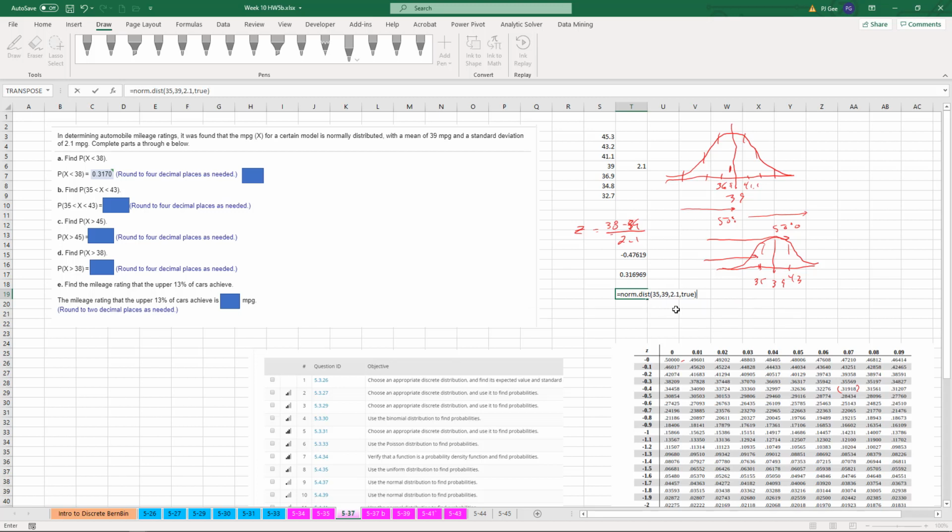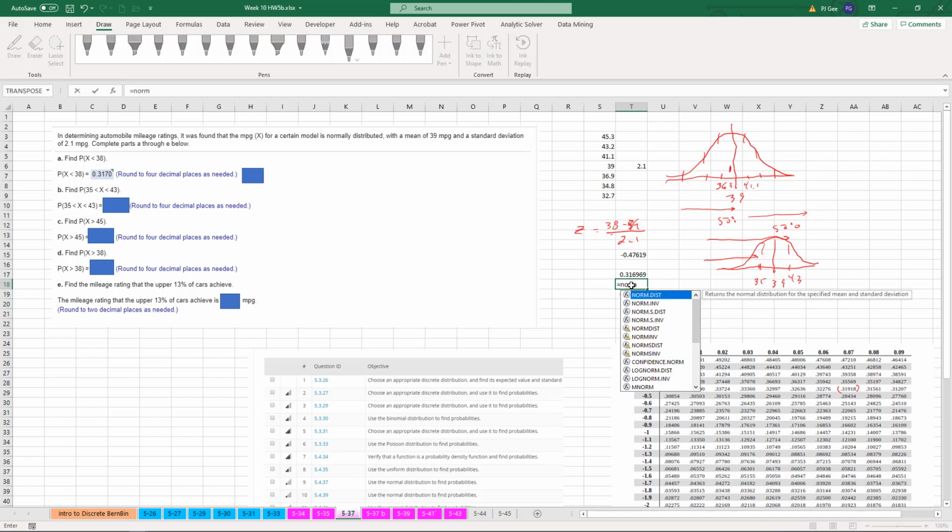Okay, so that's that. The probability is 2%. It's only 2% of the curve that fits to the left of 35 miles per gallon. Now we're going to do the other one. I'm going to do it above it because we're going to subtract it.